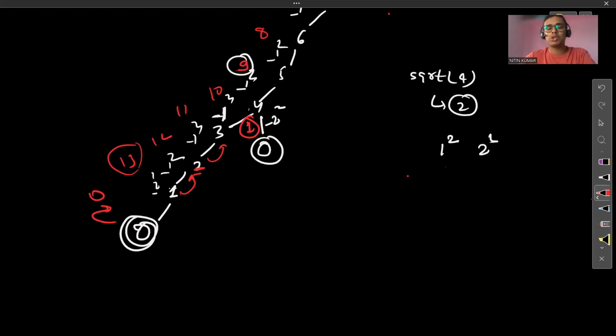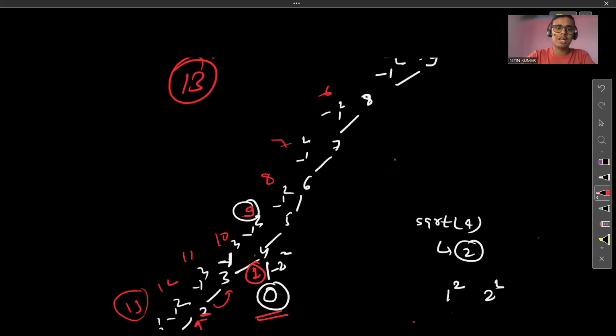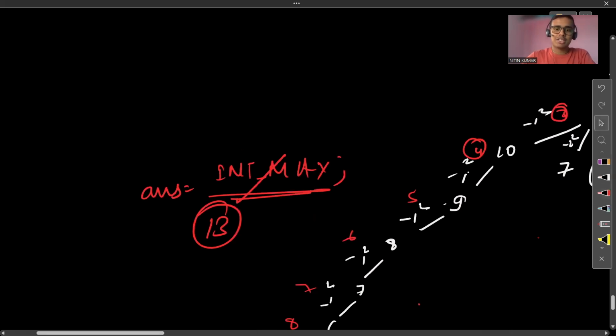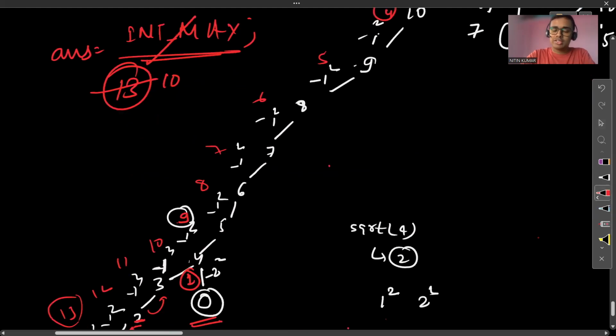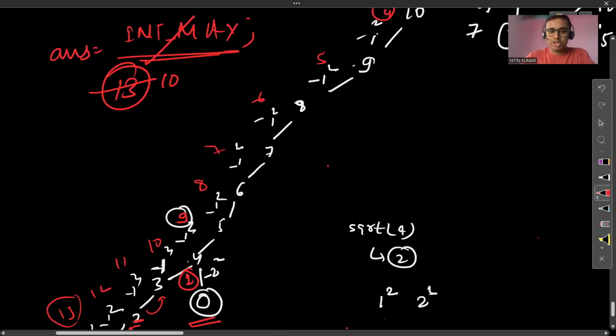So a total of 10 steps is followed to reach 0. Whenever we reach 0, we compare this with our answer. Initially our answer is 13, and now we get a new answer reached in only 10 steps, so we update our answer to 10. Okay, is there any other possibility for this 4? No. So we come back and go to 5.